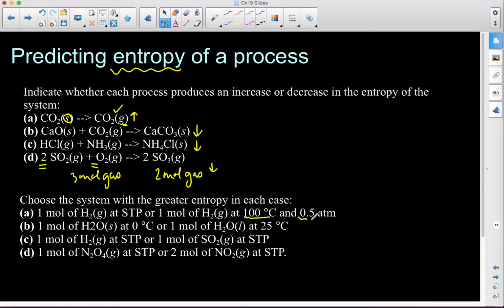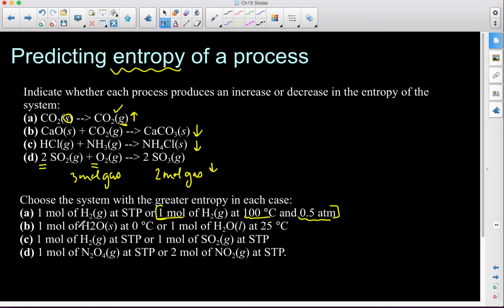And we have 0.5 atmospheres. What's the significance of that? Right, if we still have the same number of particles spread out over a lesser pressure, means that they have a greater volume, yes? Meaning that our 1 mole of particles here has a greater volume to be in, which means that this situation has the greater entropy, okay?